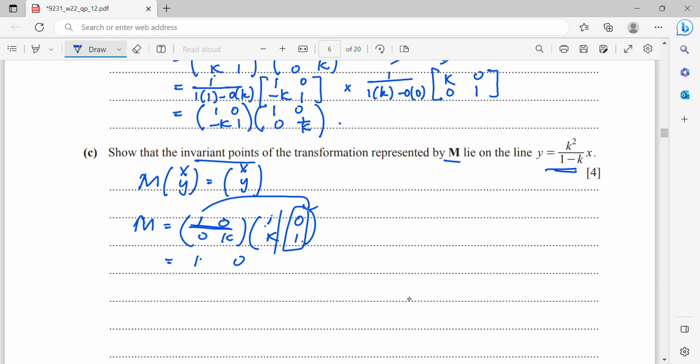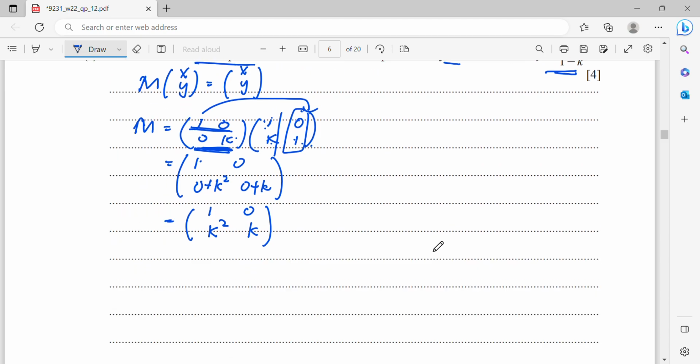Then here, 0 times 1 is 0, plus k times k, which is k squared. Lastly, second row times second column: 0 times 0 plus k times 1, so it's 0 plus k. Therefore, we are getting [1 0; k squared k]. That is our M.